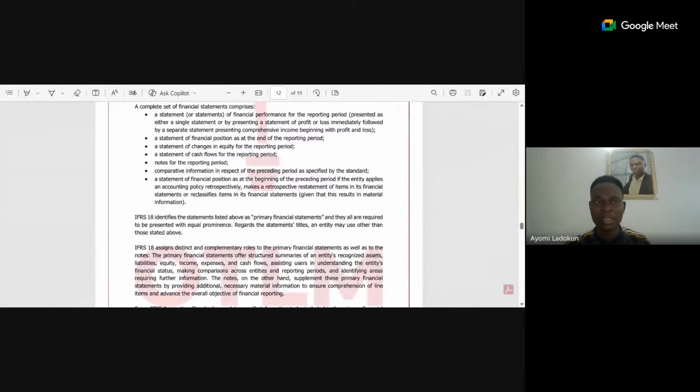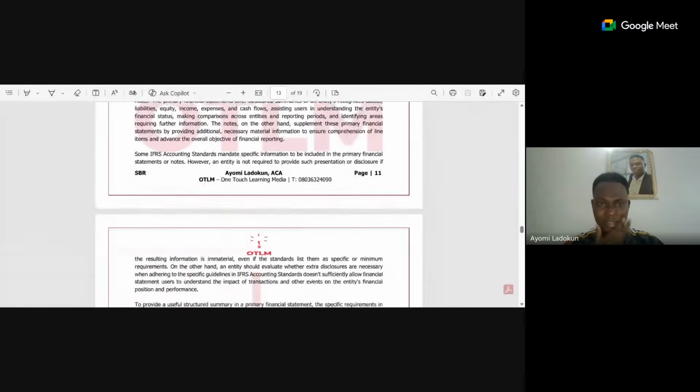So one of your arguments will be to enhance visibility, transparency, accountability, and of course to help users of accounts understand the flow of financial information in order to make informed decisions. So that's what you need to think about, right? For financial reporting, I'm not sure whether he wants to test you on IFRS 18 yet, but for SBR, obviously, he may likely do that.